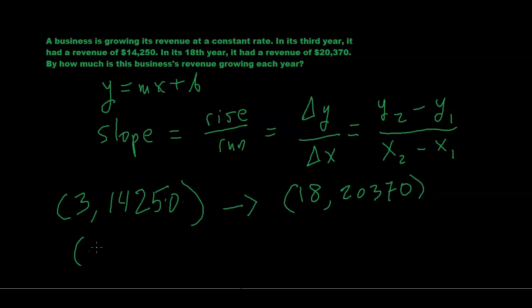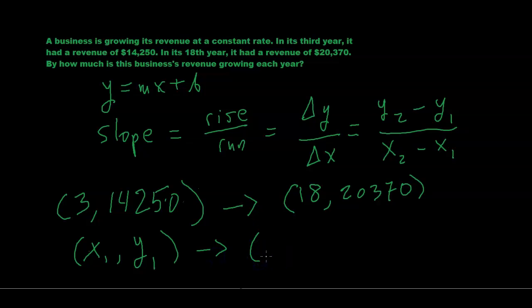So the point with the lower x coordinate is x1, y1, the first x coordinate and the first y coordinate.